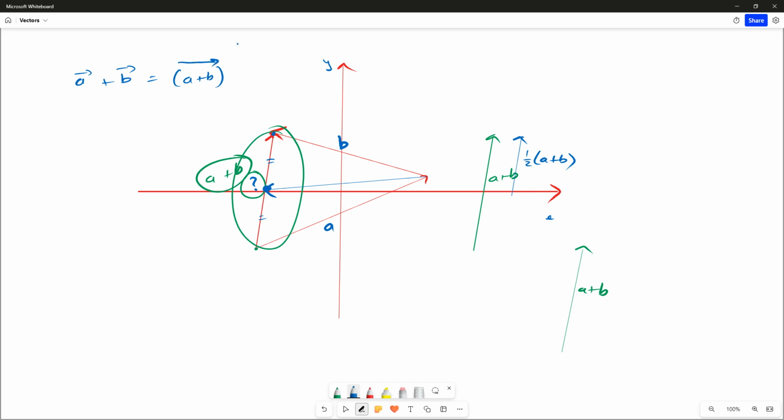And now I'm halving it. And I want to travel in this direction, then this is going to be negative half of A plus B. All right, so just a little bit of vector notation or refresher on that.